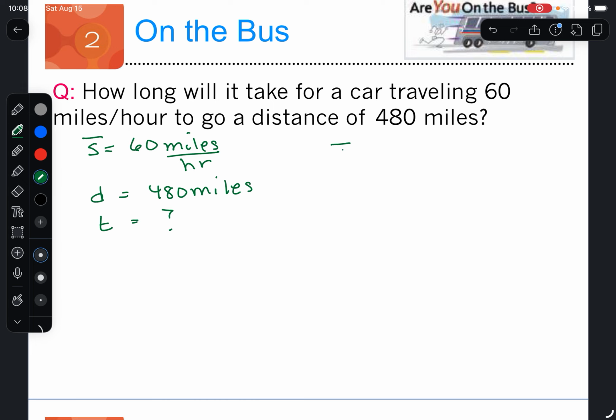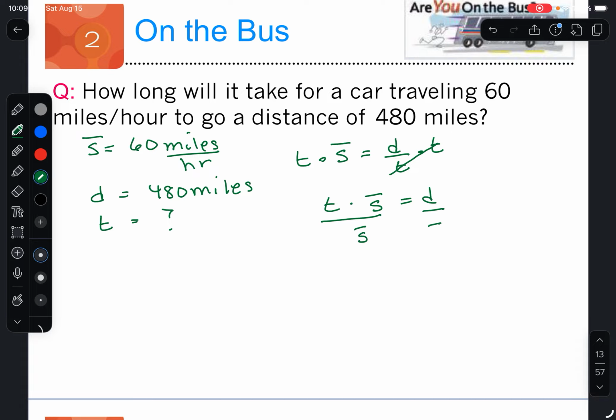So once again, we have average speed is distance over time. We're going to multiply both sides by t. T's cancel on the right. So we have time times average speed equals distance. And we're going to divide both sides by average speed, which is going to give us our formula as time equals distance over average speed.